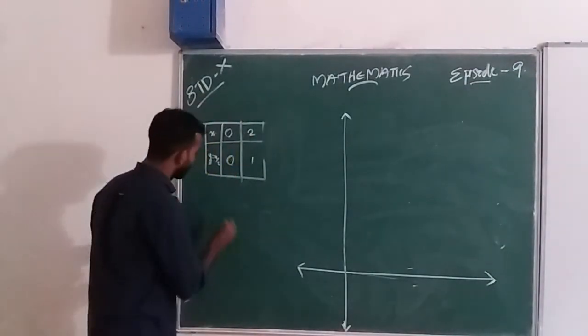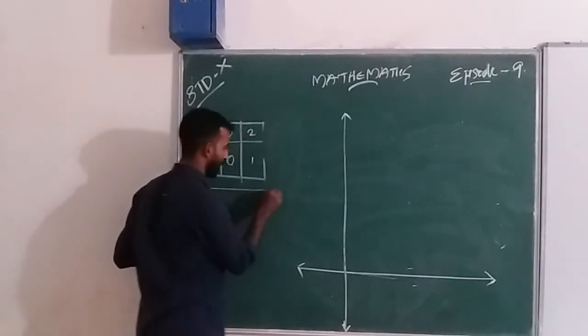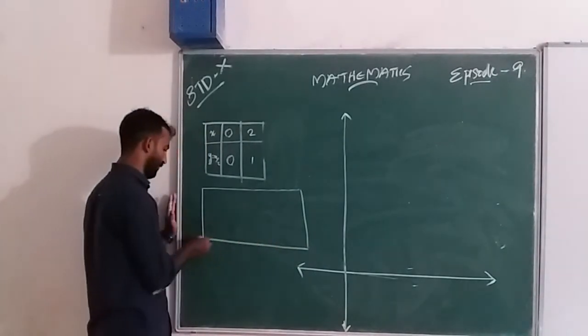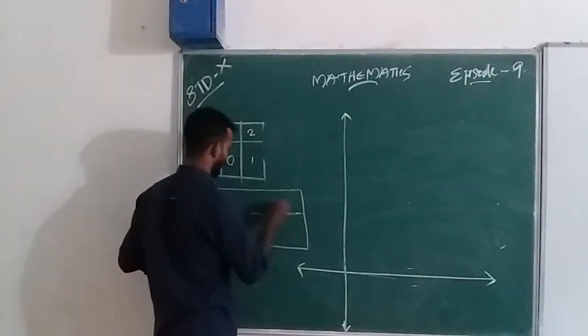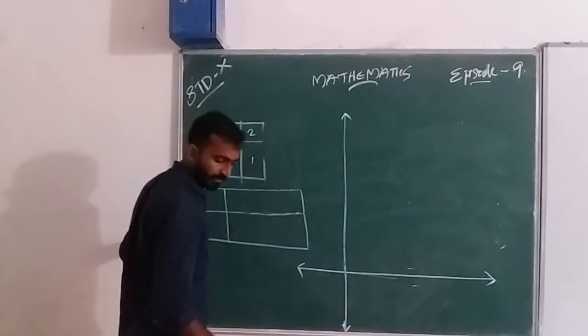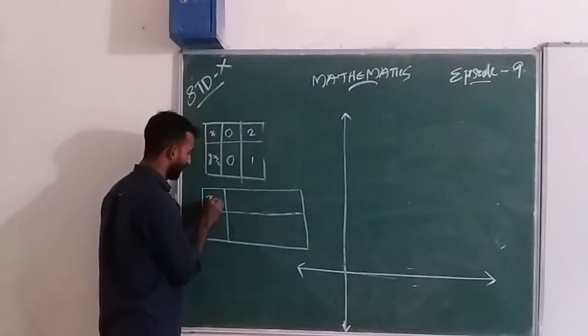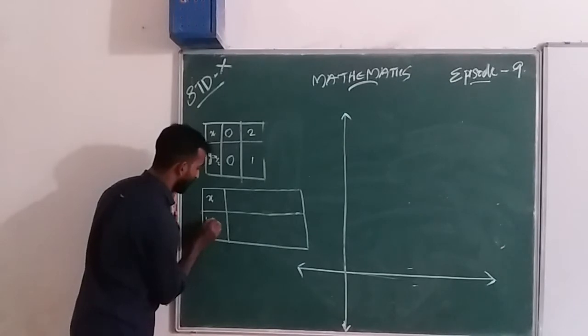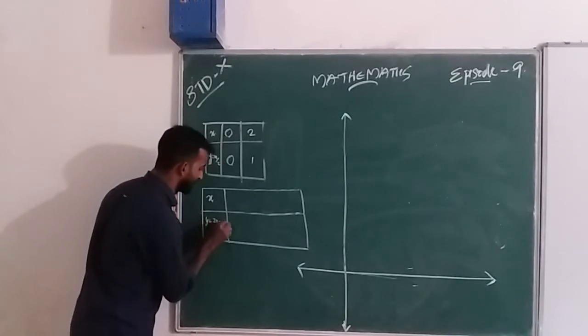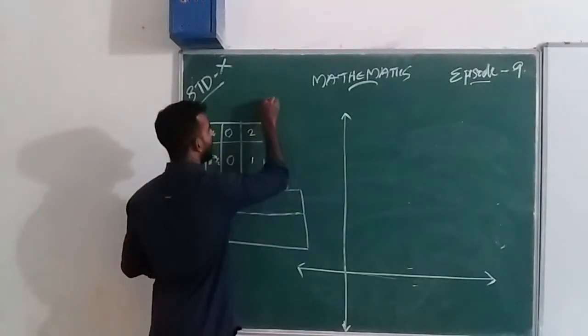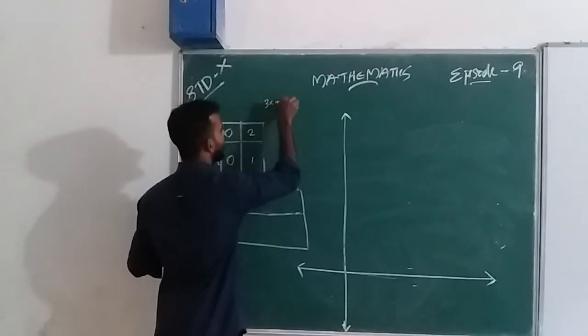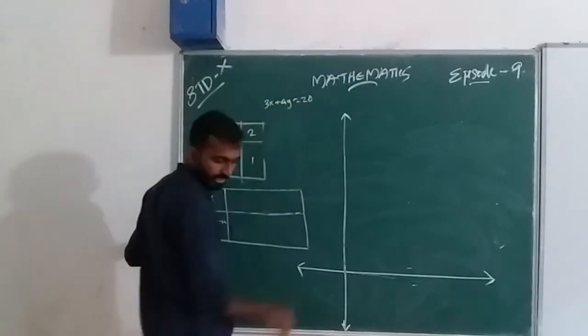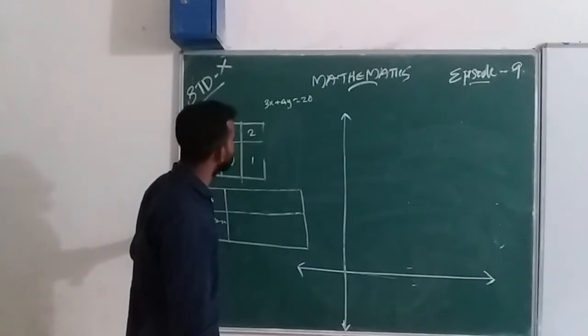Another line is, for x, what is the y? y is equal to 20 minus 3x divided by 4. What is the equation? 3x plus 4y equal to 20. Is it? Yes.